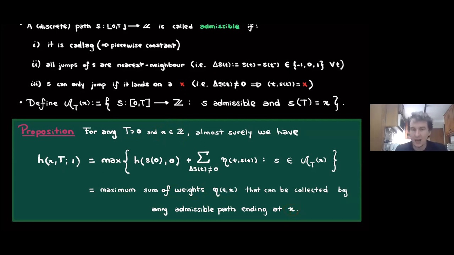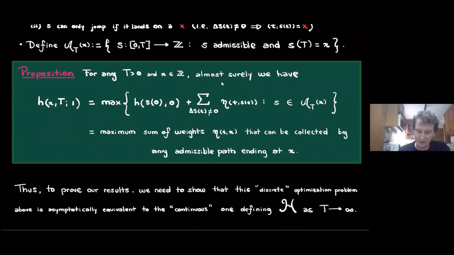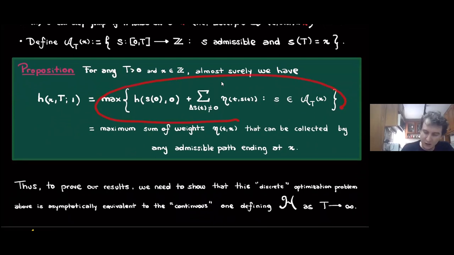So basically, what I have here is another kind of last passage percolation problem where the weights are not located in the lattice, but are in fact located at Poisson points, and these increasing paths are replaced by admissible paths, which also depend on the Poisson points. Okay. So basically, to show our results, what we need to do is to show that this sort of discrete optimization problem, when t is very large, converges to the continuous optimization problem, which defines the h. Okay? And so basically, that's the idea.